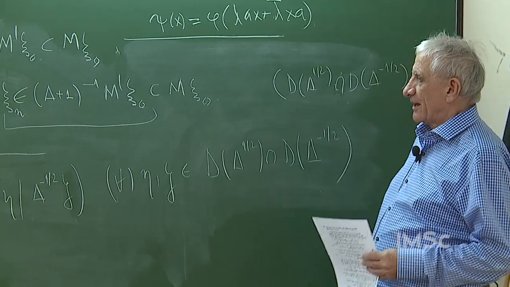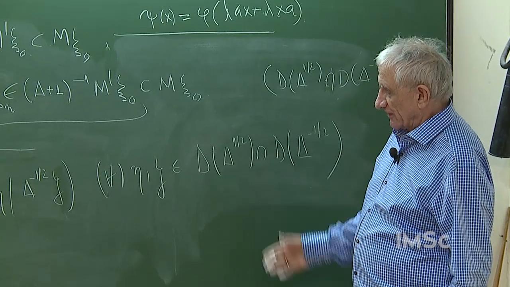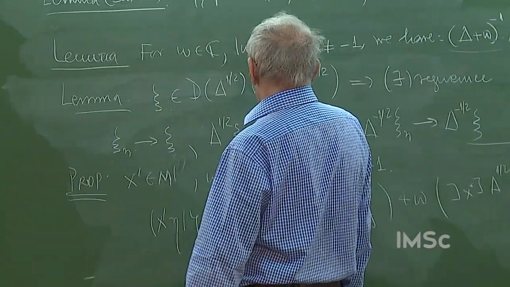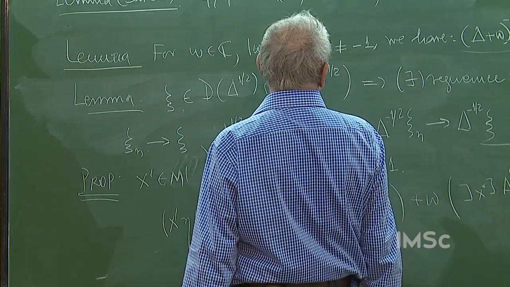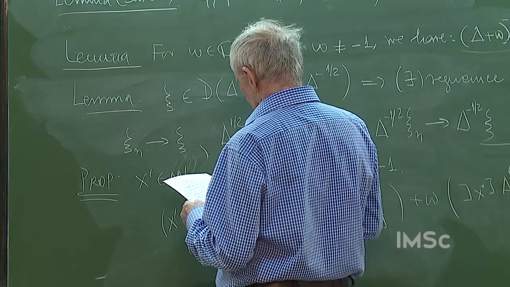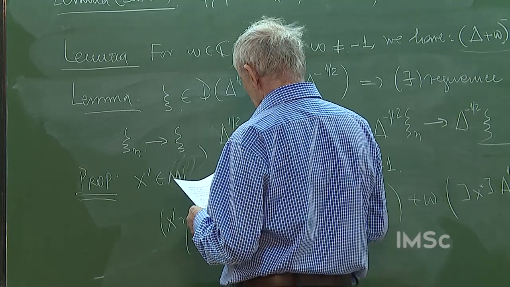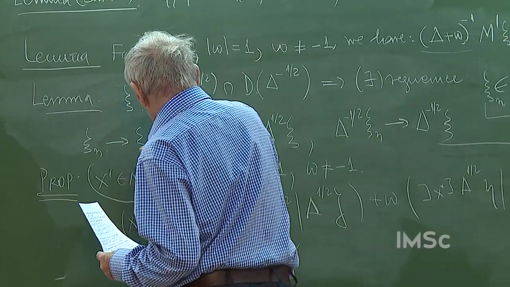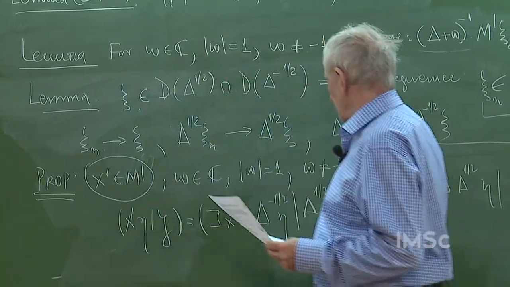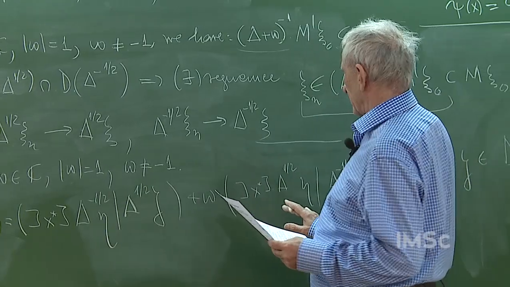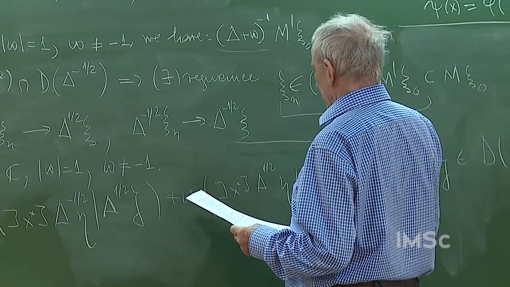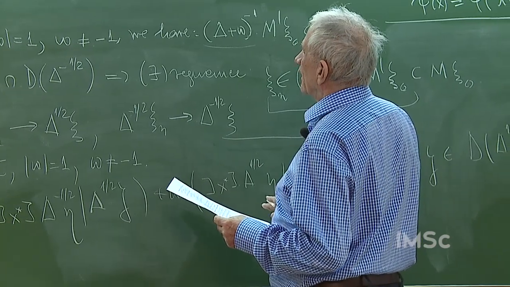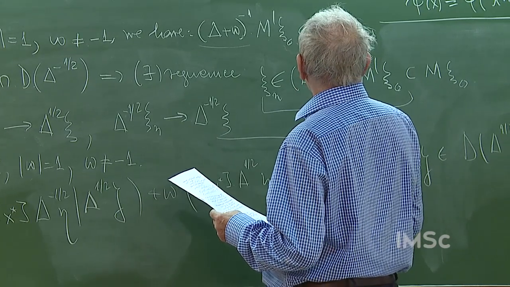Well, in order to prove this, let's first see. We have an x prime in n prime, everything is defined in here. What is x? I have to check also what is x.